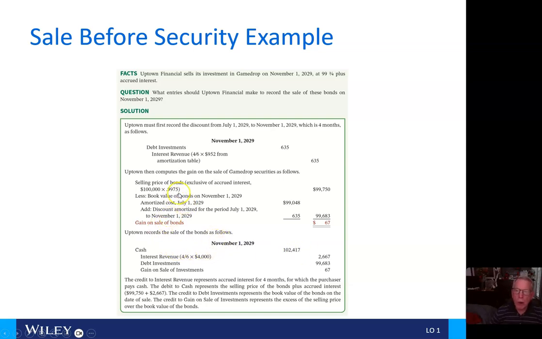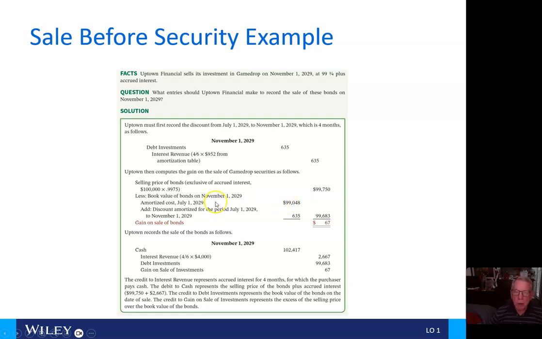Now, we're going to compute the gain on the sale of those securities as follows. The selling price was based on 99 3/4. So 100,000 times 0.9975 is equal to $99,750.